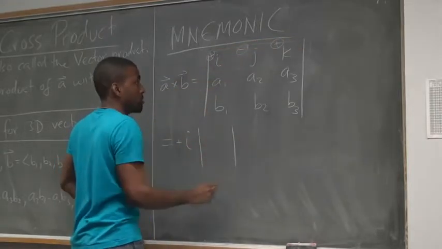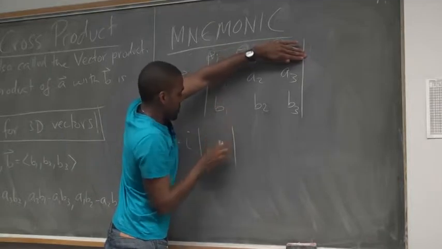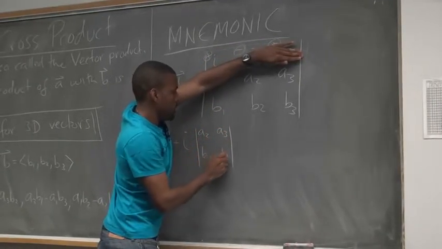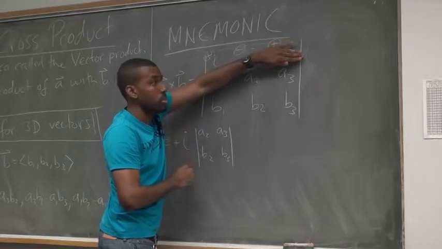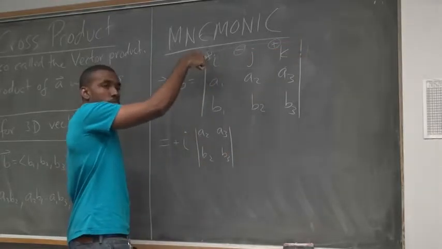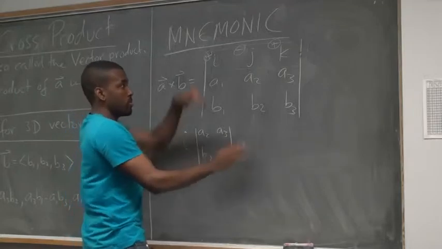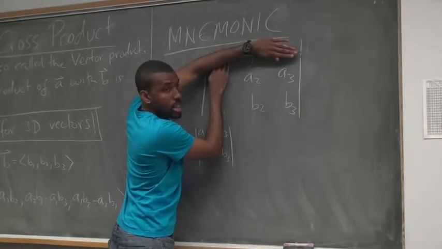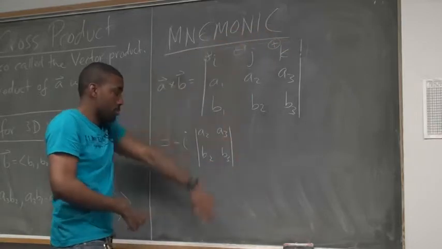You write that down. You have A2, A3, B2, B3. So you start with the I, it takes a plus sign, block out everything in that row and column, then you get another smaller box, write that box down.